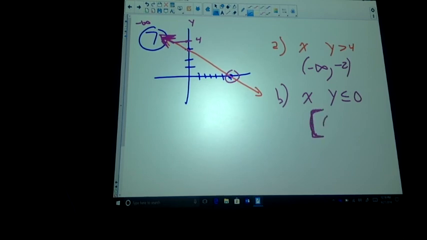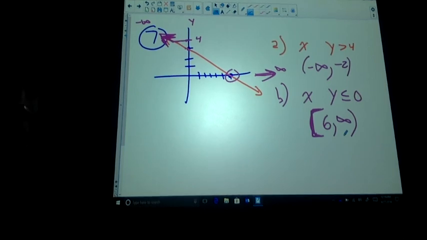So starting at 6, and I'm going to go forever this way. What's forever this way? Infinity. And again, this is what the x direction is doing, and then the y direction is going to result in values that are less than or equal to 0. Okay?